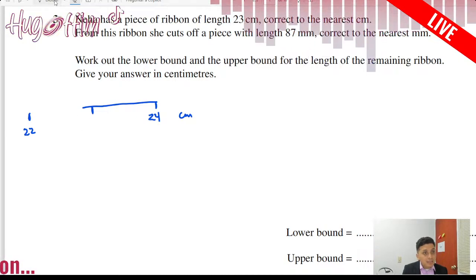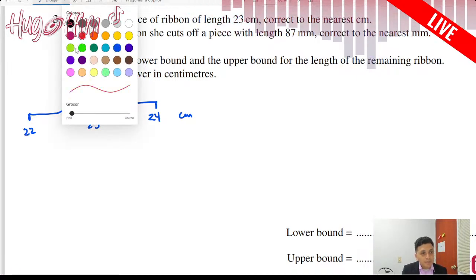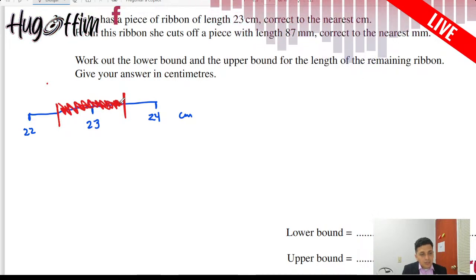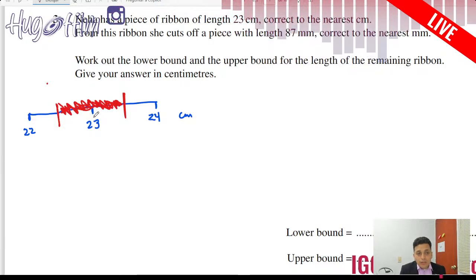And it means that this measurement of 23 centimeters is actually between these measurements. So all this interval that is here is going to be 23 centimeters. This is the measurement. We don't know in which place it is, so we round it to 23.